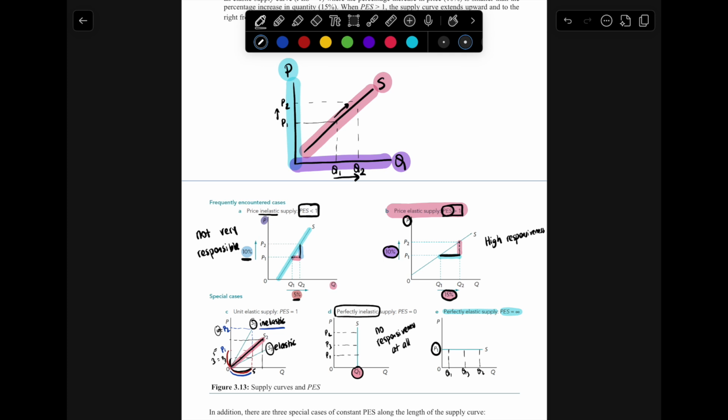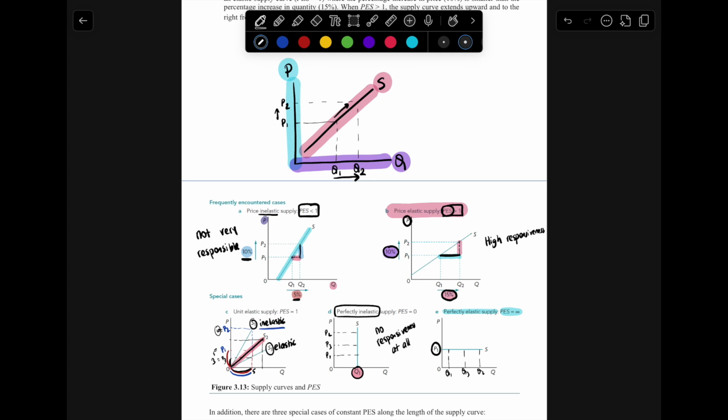So to sum up, a small vertical movement upward causes a very large horizontal movement to the right. So this shows that the producers are highly responsive. So the responsiveness is high. So this is the elastic supply, price elasticity of supply graph.